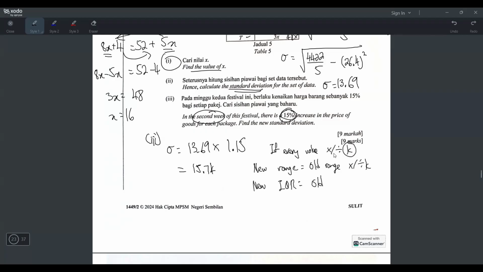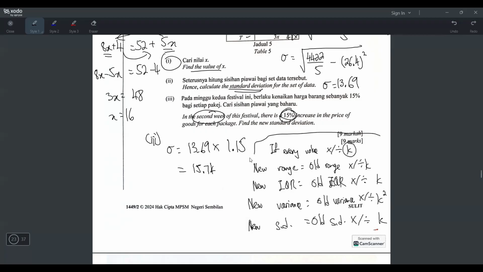If every value is times or divide with k, the new interquartile range will be the old interquartile range times or divide with k also. But the new variance will be the old variance times or divide with k square. This one is special a bit, got square one. Okay, and then the last one is the new standard deviation. This one you take the old standard deviation times or divide with k.